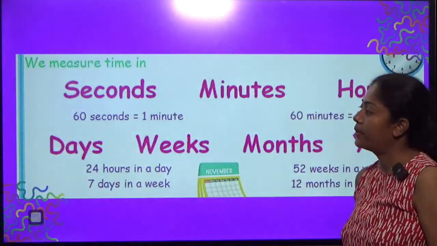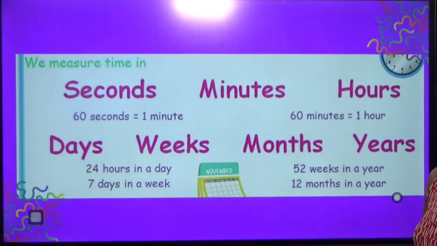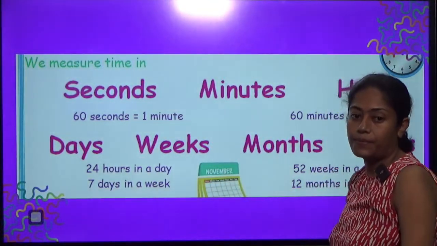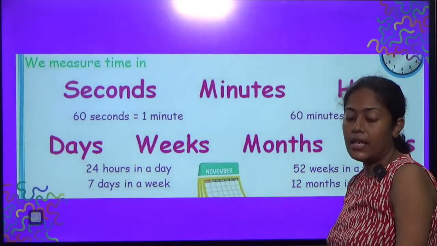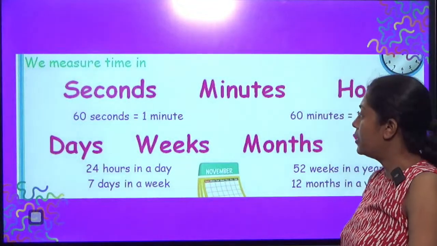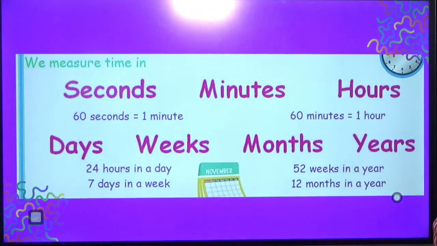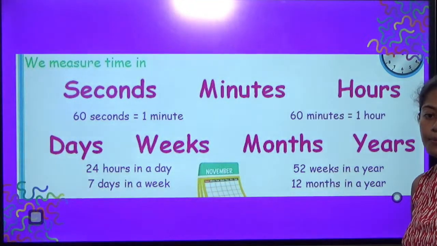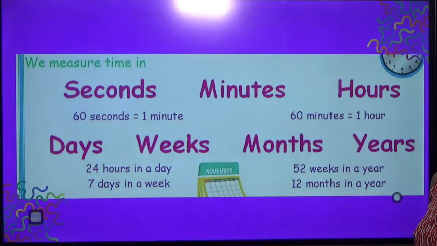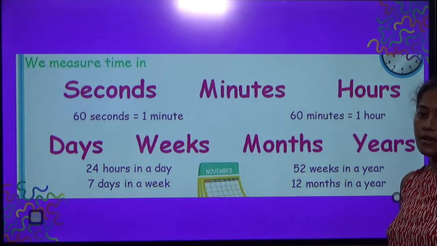Here, seconds and minutes. What is the relationship? 60 seconds equal 1 minute. Then minutes and hours, 60 minutes is equal to 1 hour. And days and weeks, months, years, you already know, I think, 24 hours in one day.